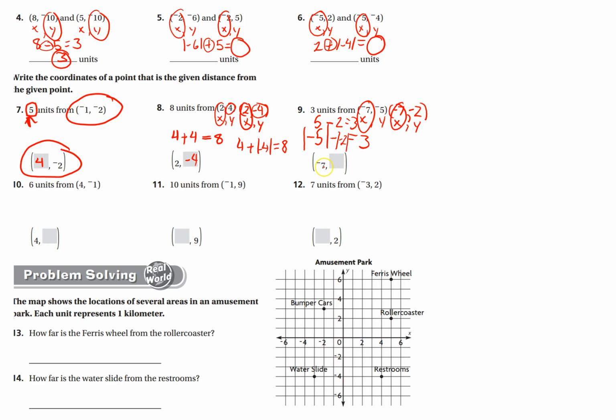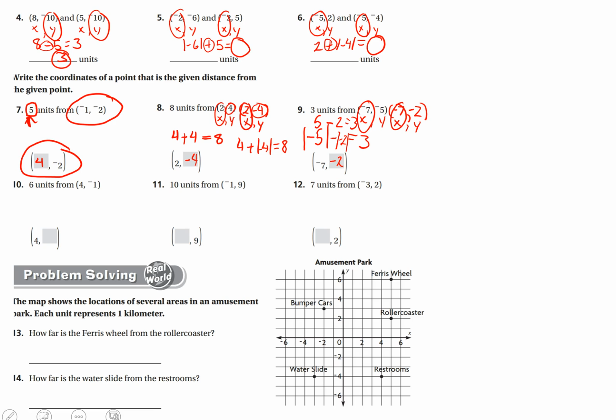So my second point is -7, -2. Again, you can always graph these points as well to check your answer.